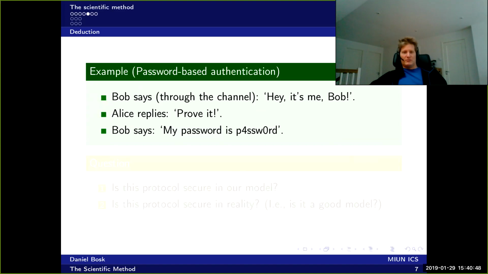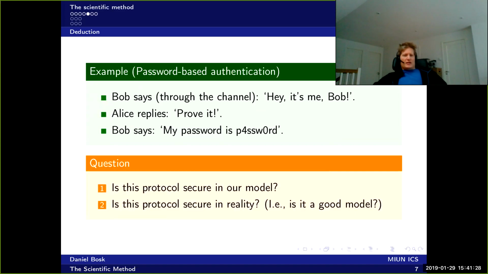Alice replies, "Prove it." And then Bob says, "My password is password with a 4 instead of an A and a 0 instead of the O." If this is the password Alice knows to be Bob's password, then she's convinced that she's actually talking to Bob, because no one else would know Bob's password. That's a fundamental assumption that we make here too, so we should actually add that to our axioms.